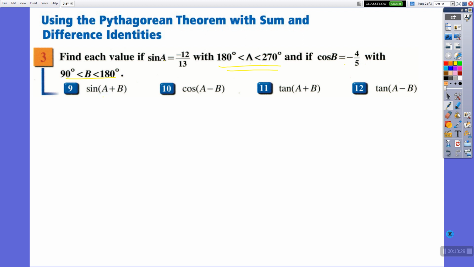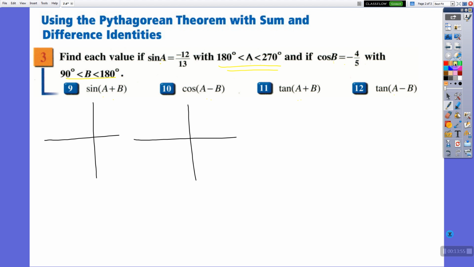So in order to write these expansions, you need to know not only sine A, but also cosine A, and not only cosine B, but also sine B. So you are given one of them, and you are going to find the other one by building a triangle in the correct quadrant for each.